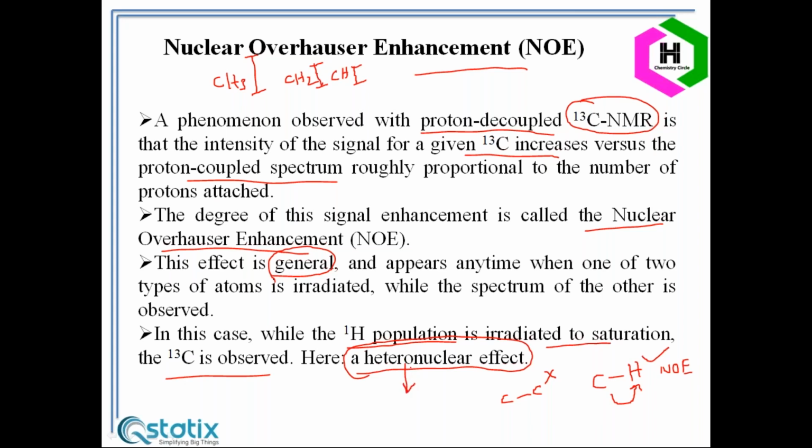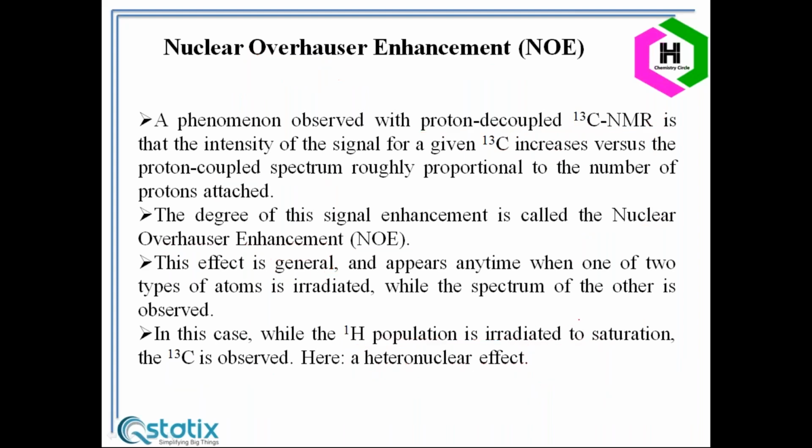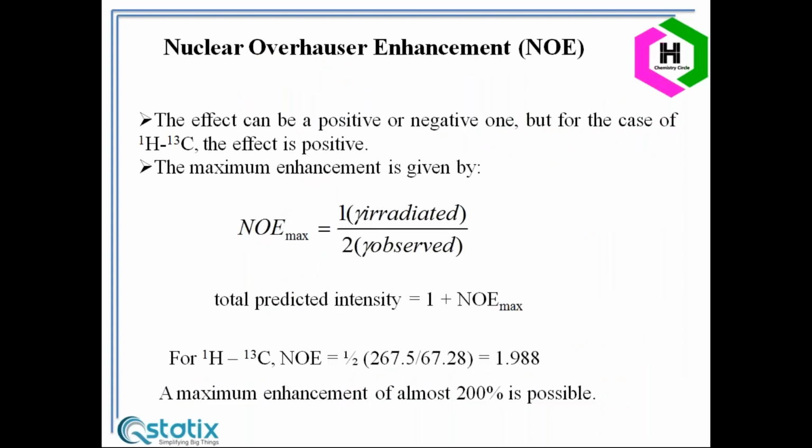When you irradiate the hydrogen population to a saturated state, you observe the peak of the C13, and these saturated protons are going to have an effect on the C13 nucleus. So we call this a heteronuclear effect.